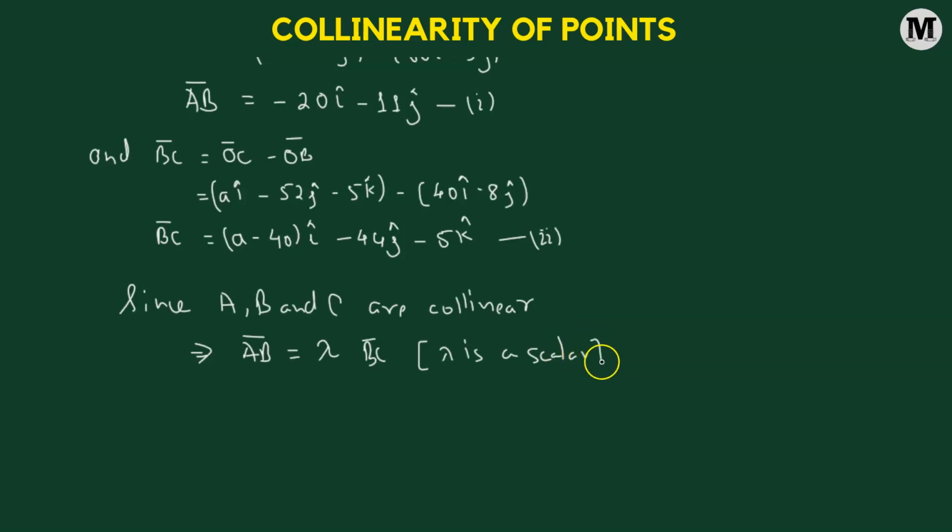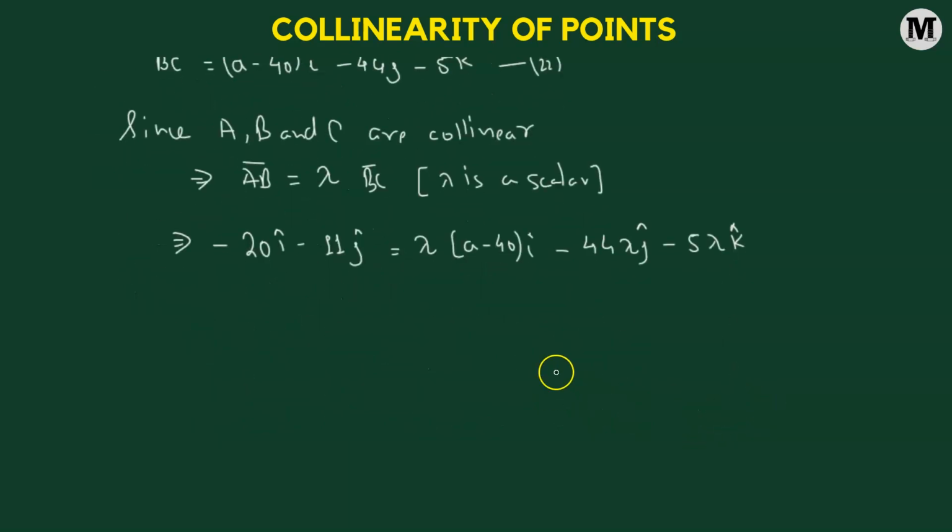Right. So we can substitute the values here. AB vector is negative 20 i cap minus 11 j cap, which equals lambda times BC vector. So lambda times BC is lambda times a minus 40 i cap minus 44 lambda j cap minus 5 lambda k cap. Fine. So now we can compare both sides.